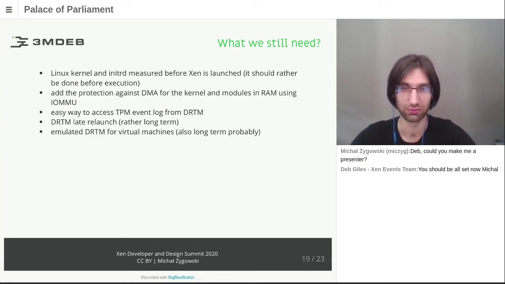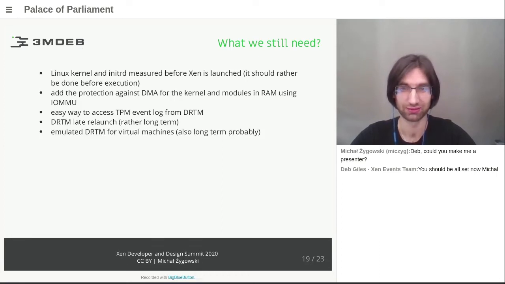And we also need some easy way to access the TPM event log for DRTM. Currently, I had to use a modified Linux kernel just to access the coreboot tables to retrieve the log from the DRTM.